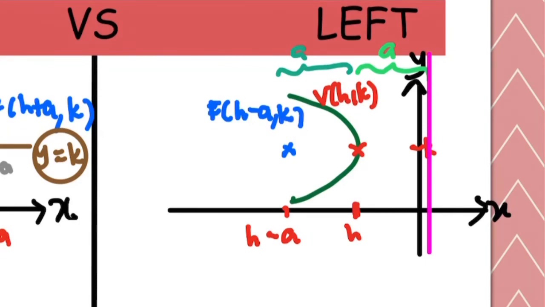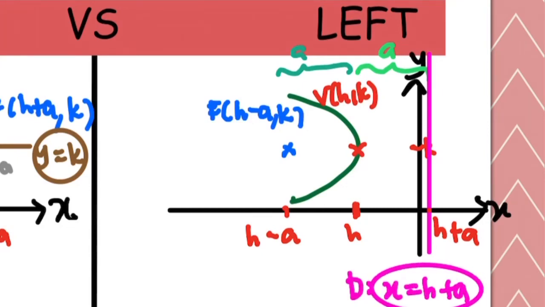This is h, but now you have gone towards the positive side by the value of a. Therefore, this coordinate right here now is h plus a because you have gone to the right. So now I can conclude my directrix line. This is the line of x. Therefore, x is equal to h plus a.